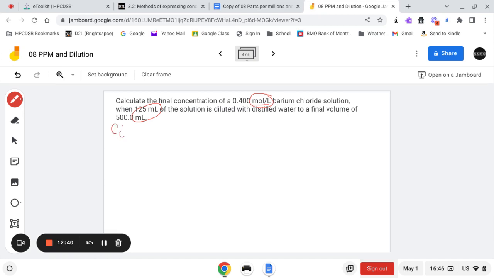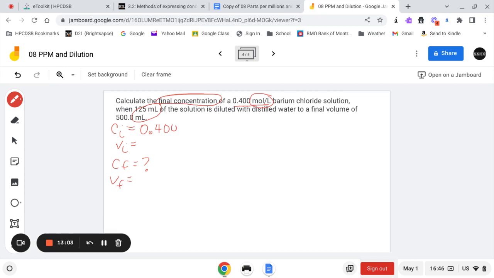So let's set this up. We're going to have an initial concentration, an initial volume, a final concentration, and then a final volume. So calculate the final concentration. I don't know what this is. When it says 0.400 mole per liter barium chloride, that's my initial concentration.